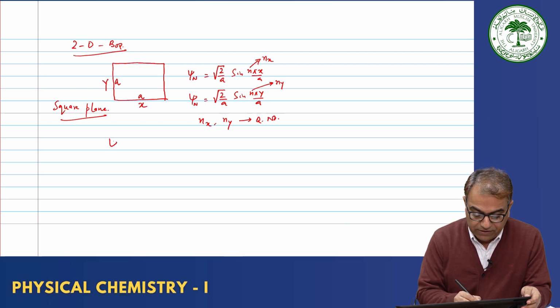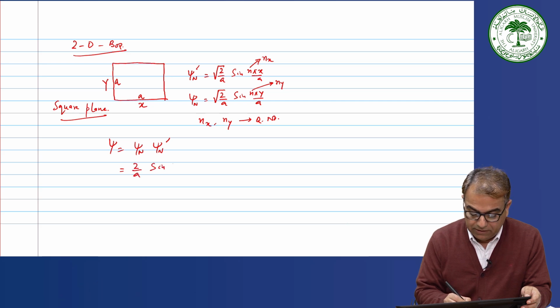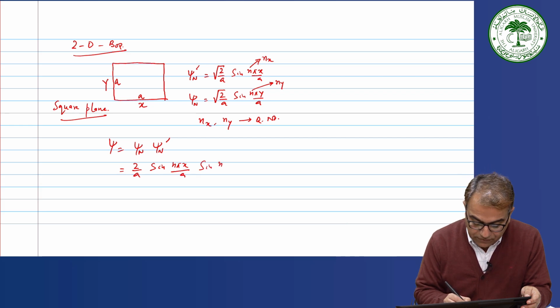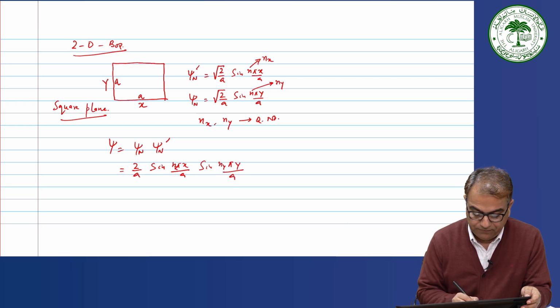So the total wave function psi should be the product of psi n and psi n prime. So it will be 2 divided by a, sin nx pi x divided by a, and sin ny pi y divided by a.